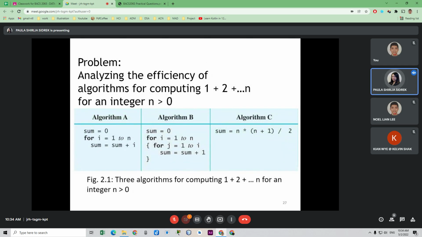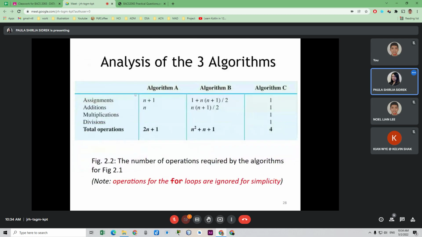Analyzing the efficiency of the algorithm for computing 1 plus 2 plus up to n, for an integer n more than 0. What is your n, the last element or the total number of elements? So you have algorithms A, B, and C. You need to see this one.